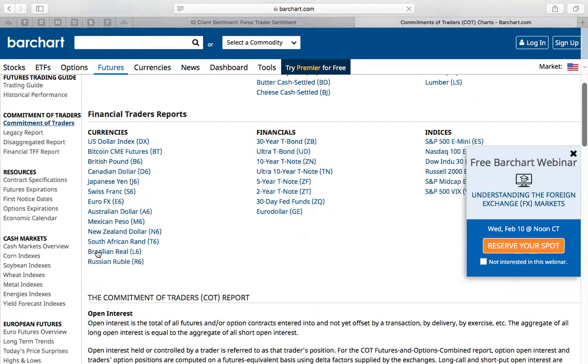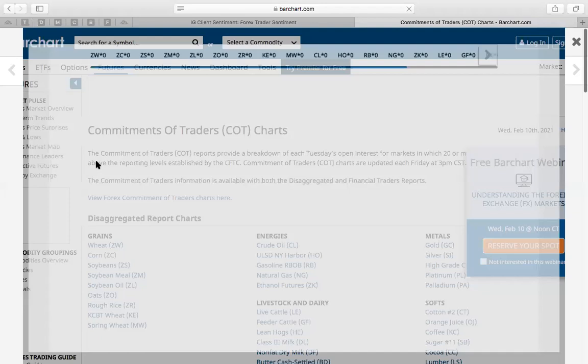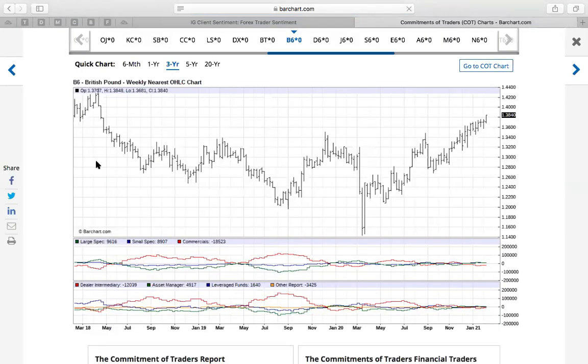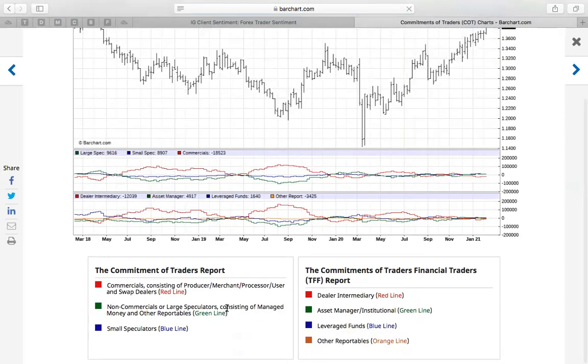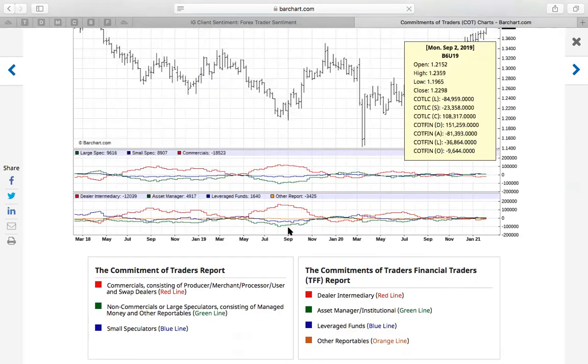Okay, we first need GBP, right? British pounds. Yeah. You can see the COT report. Wow, this is different.